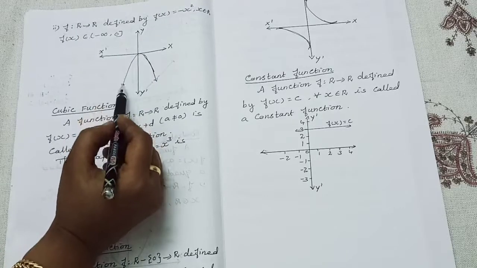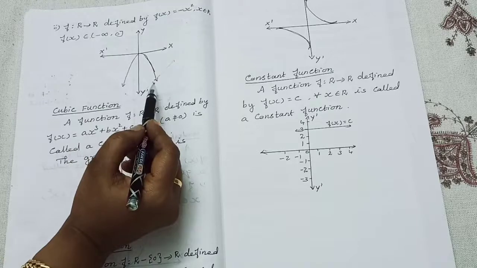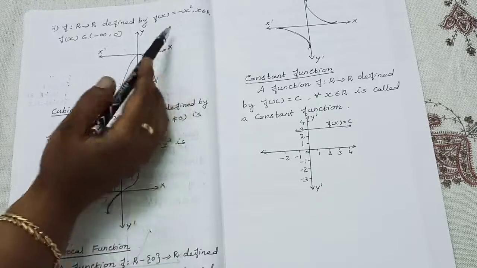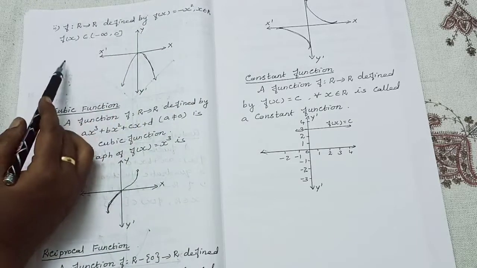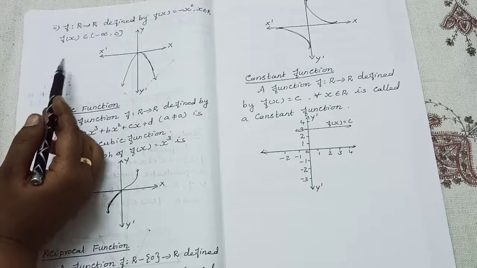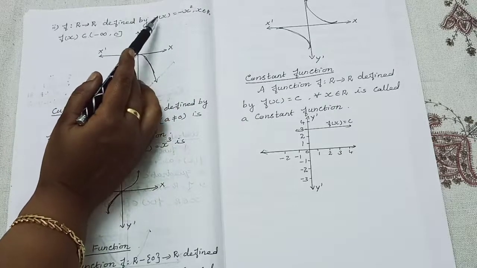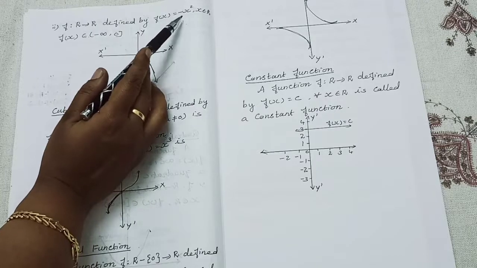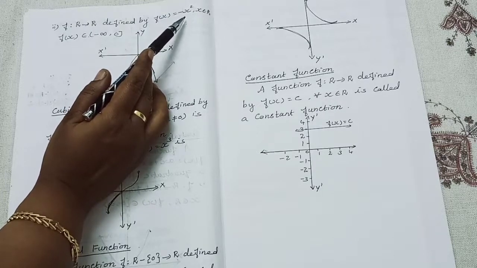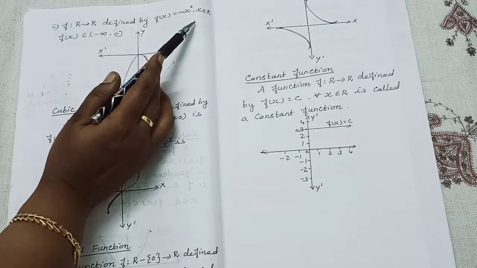Then the parabola opens downward. Like this you will get. We have to check: if we substitute x as 1, then you will get minus 1, that is minus of 1 the whole square.